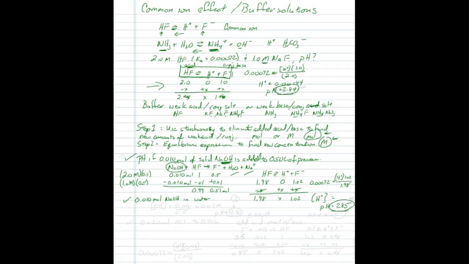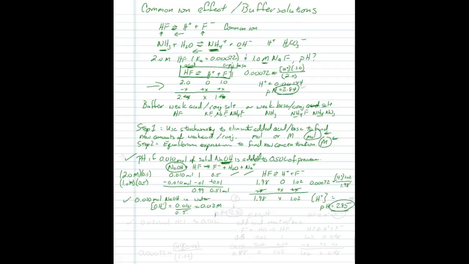Well, it ionizes completely, so the OH concentration is 0.01, divided by 0.5 liters, so that is 0.02 molar. Do the negative log of that, you get 1.6, that's the pOH.